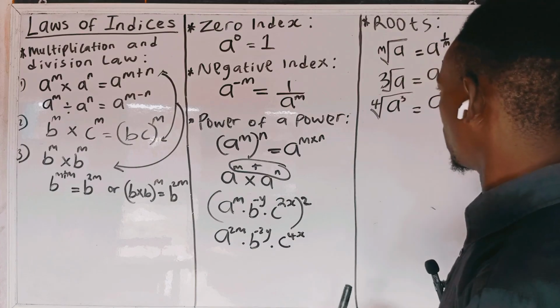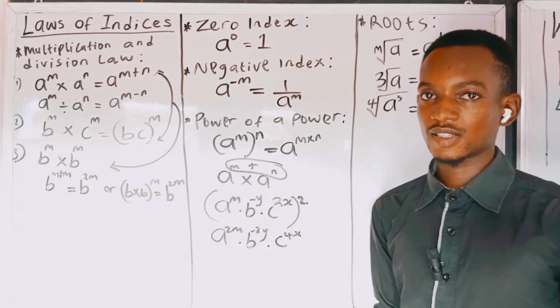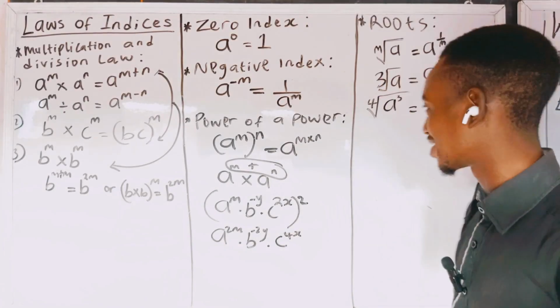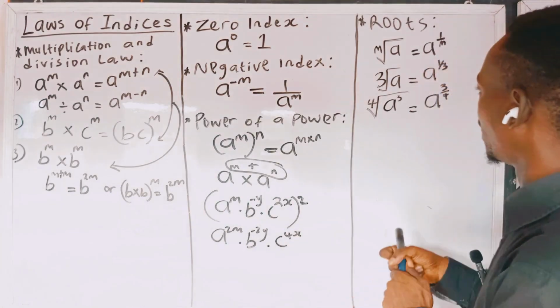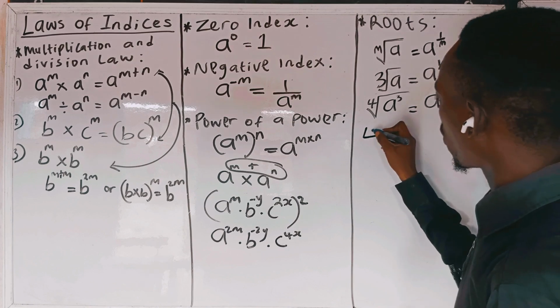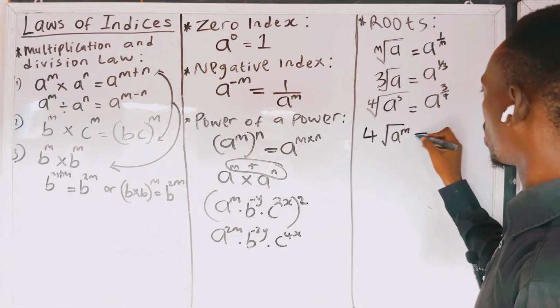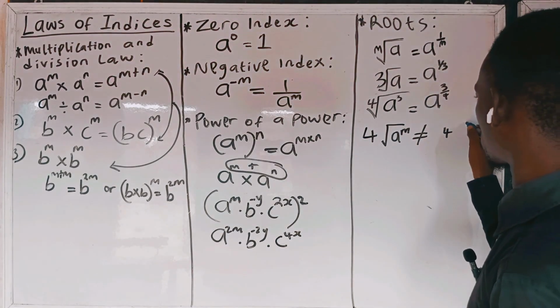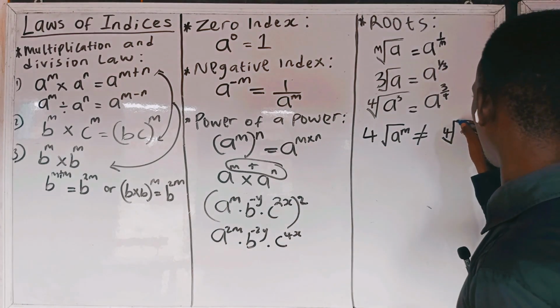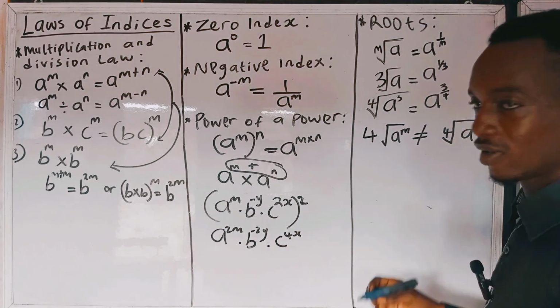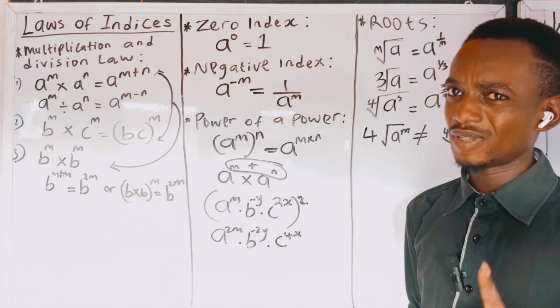Very, very simple. There is a common mistake that students make, so let's watch out for it. Something like 4 times the root of a to the power of m is not equal to the fourth root of a to the power of m. They are not the same. Don't make that mistake.